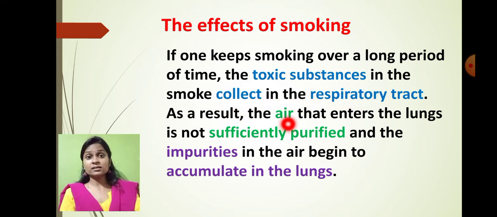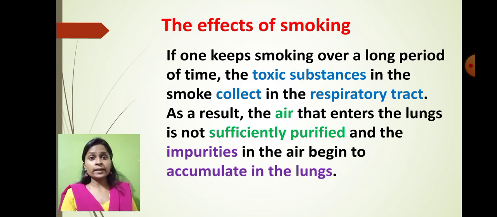And as a result, the air that enters the lungs is not sufficiently purified, and the impurities present in the air start accumulating inside the lungs. So that means what? When people smoke, along with the smoke, a lot of toxic material goes and settles down inside the lungs. And because of the toxic material present in the lungs, the exchange of gases doesn't take place.